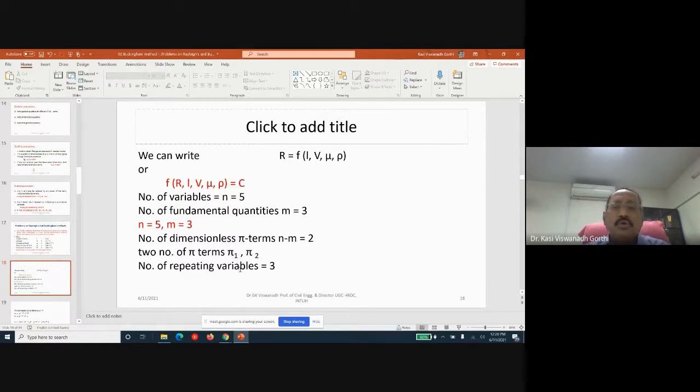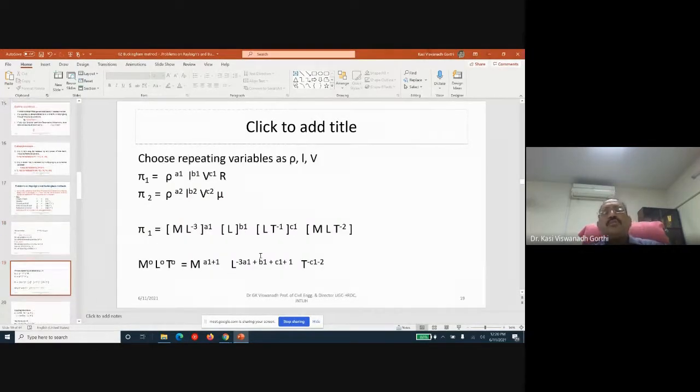So you need to choose the number of repeating variables equal to the number of fundamental quantities used to describe the phenomenon. So the number of fundamental quantities is 3, and hence the number of repeating variables also must be 3. So you need to choose 3 variables as the repeating variables. We should not choose the dependent variable as a repeating variable.